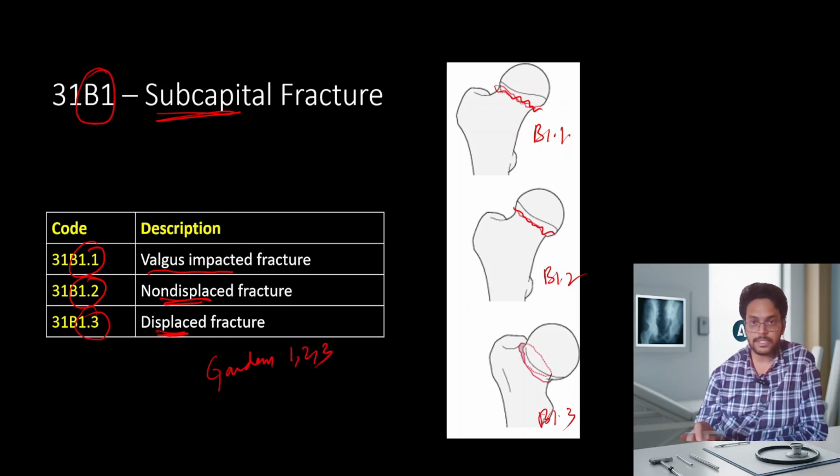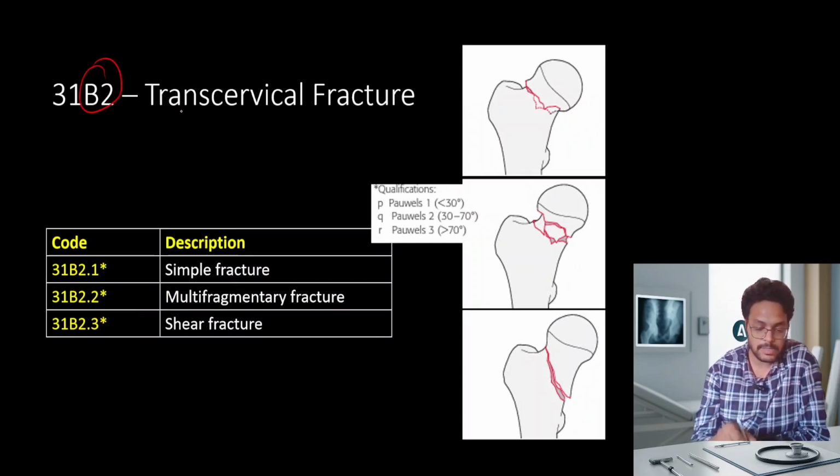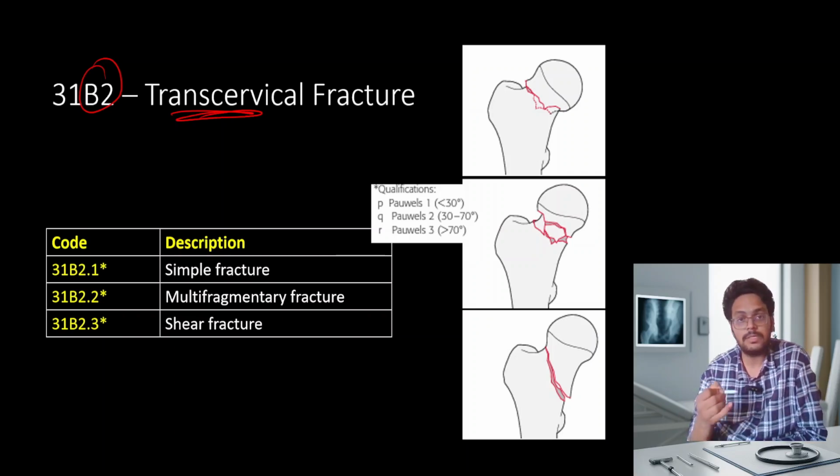Clear? Next, B2, as I told you, anatomical. B2 is transcervical. Within B2, each type gives different fracture fragments.